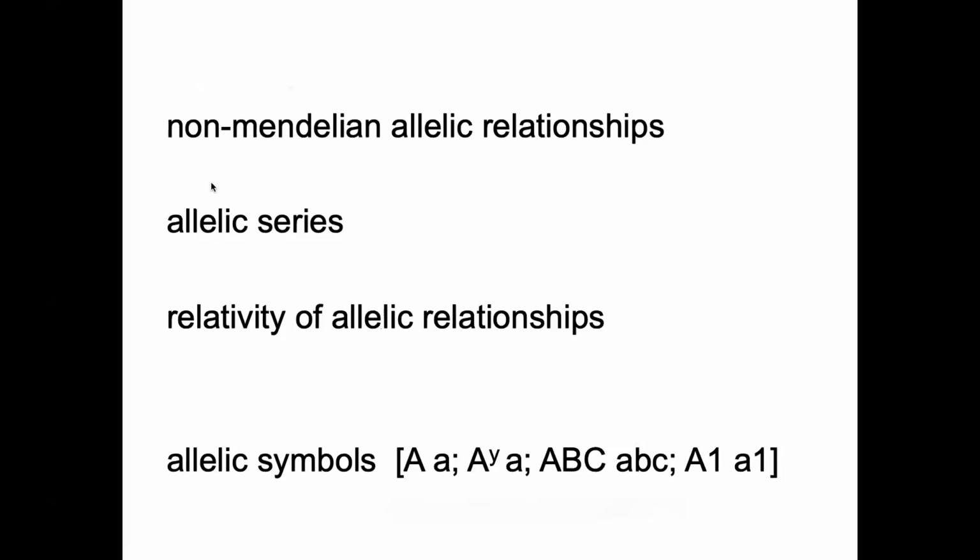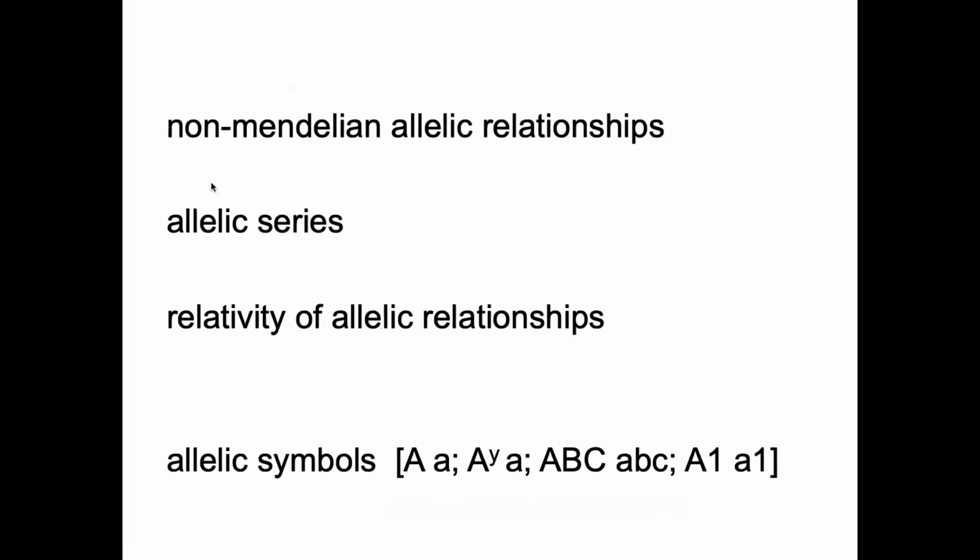The other concept that I tried to describe here is this idea of the relative nature of allelic relationships. When you say something is dominant, recessive, or otherwise, it really only makes sense in a particular context. It depends on who you're comparing to who.